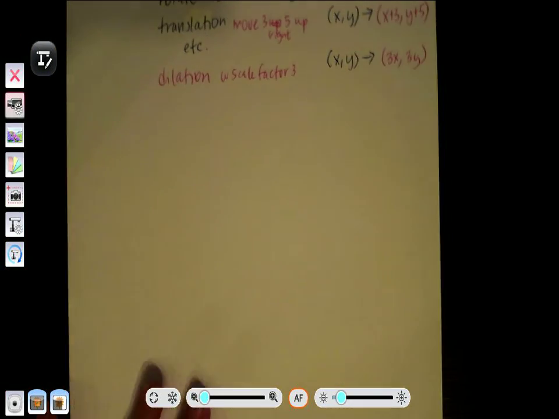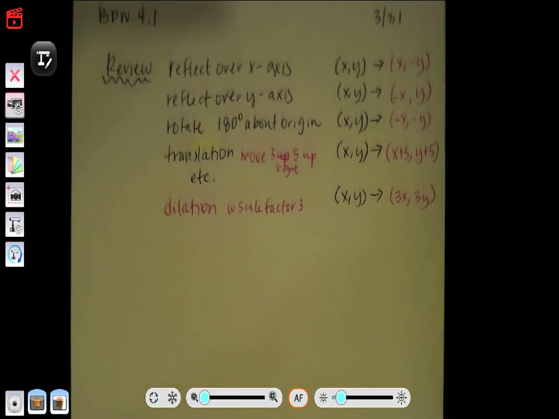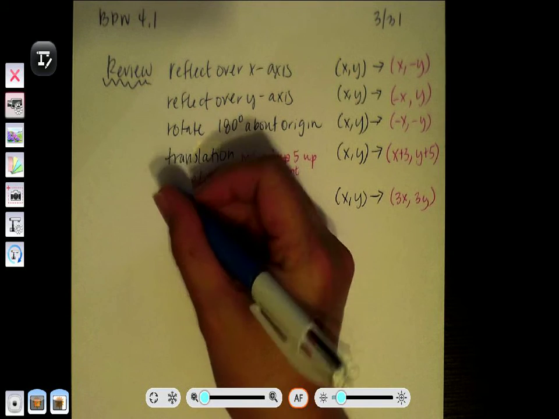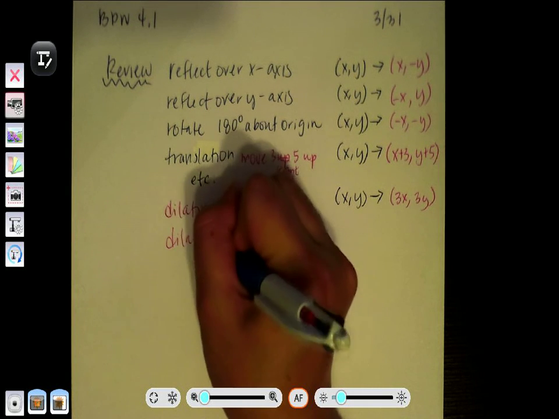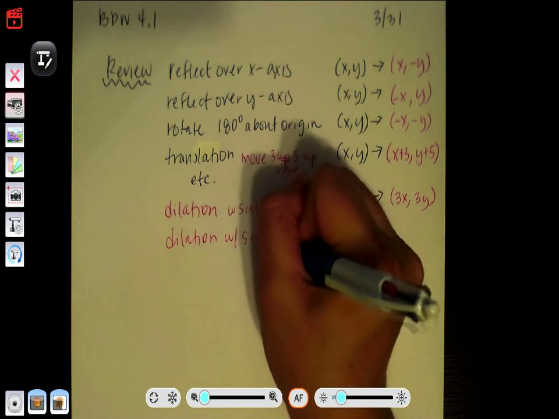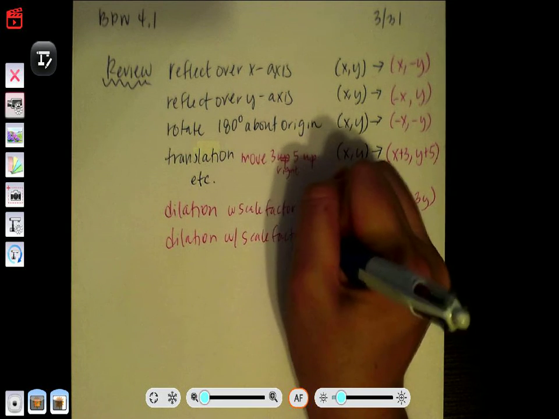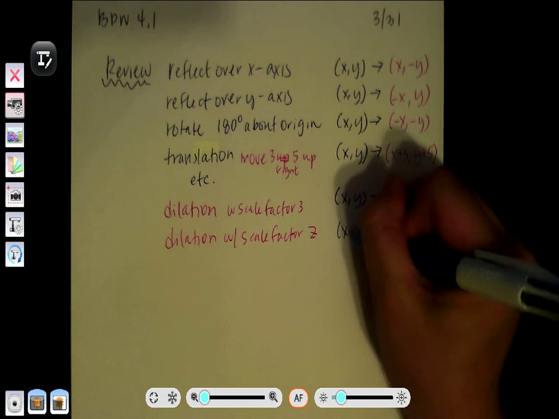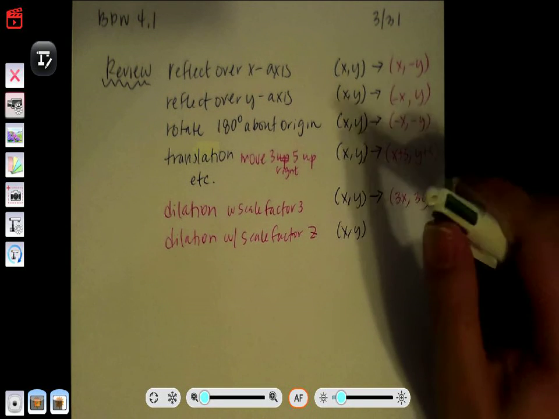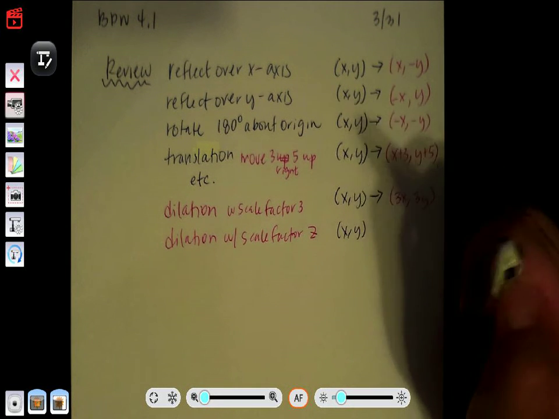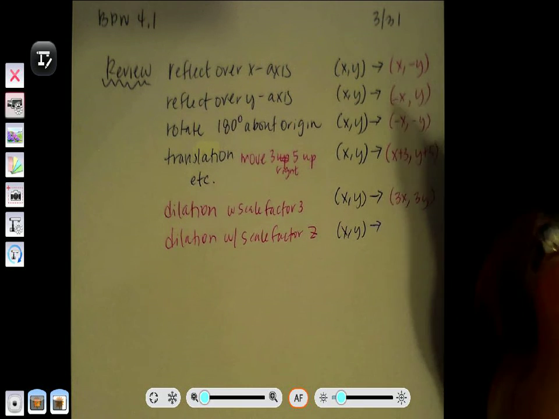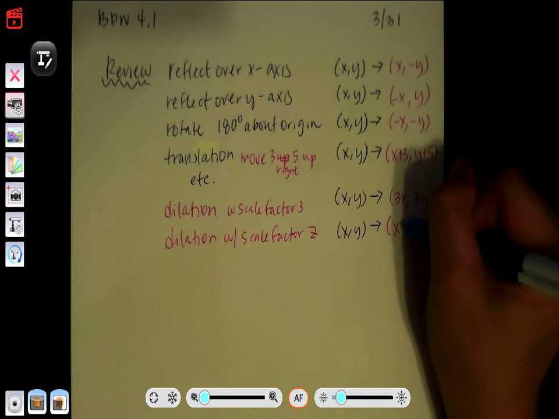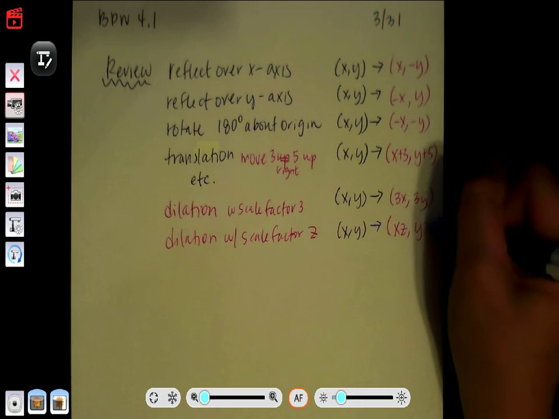Okay. So if I were to generalize what we just talked about, instead of scale factor of 3, if I have a dilation with scale factor of z, then the original coordinate x comma y would end up being taking the x coordinate and multiplying by z, and taking the y coordinate and multiplying by z.